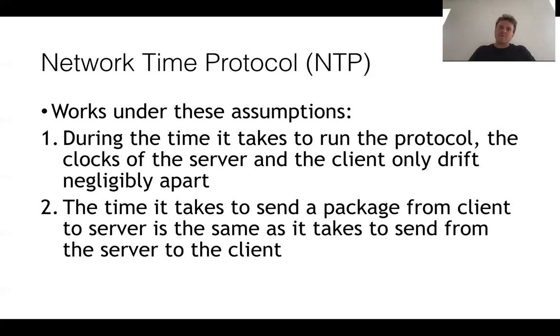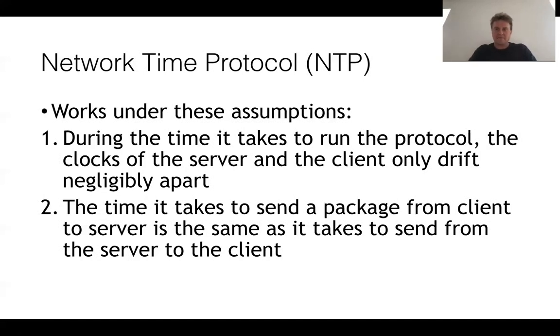But if it's something like what we talked about before, that it will drift 1 second in a year, then within the time it takes to send two messages, the clocks will drift milliseconds, or less than milliseconds. And then we will only be able to synchronize within that little error, that millisecond. That's okay, we're going to live with that.